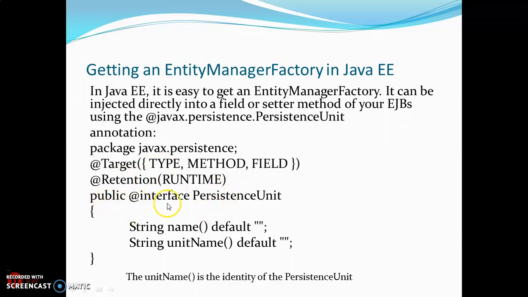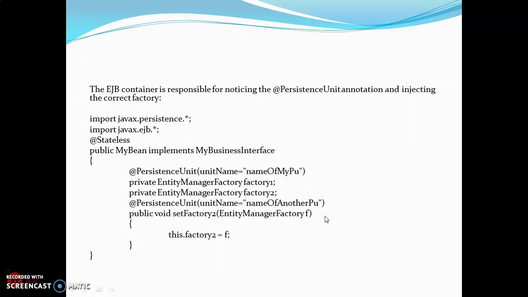So here we are using @interface PersistenceUnit, and the name and the unit name will be specified by making use of this annotation called PersistenceUnit. The unit name is the identity of the persistence unit. The container is responsible for noticing the @PersistenceUnit annotation and injecting things correctly into the factory we have specified in the form of the EntityManagerFactory.